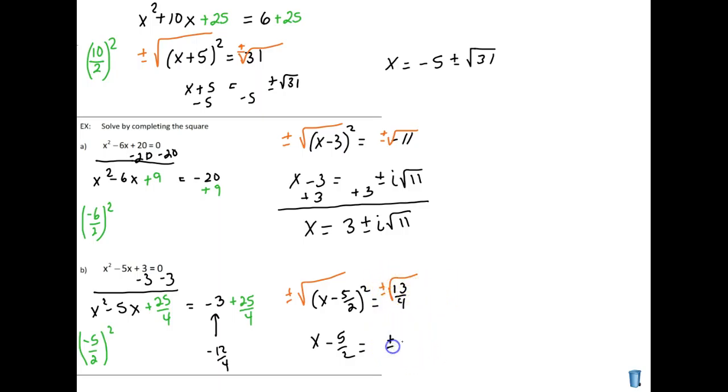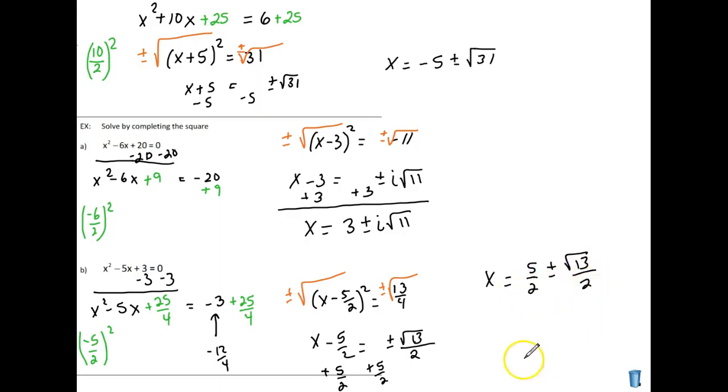So that becomes plus or minus the square root of 13, and then outside of my radical becomes 2, because I took the square root of that 4 and made that a 2. My last step will be to add 5 halves to both sides. So what I end up with is x equals 5 halves plus or minus root 13 over 2.